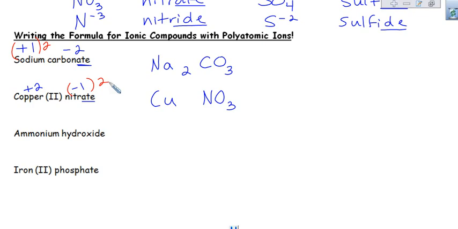Then we have a +2 -2. If I have to multiply the charge times 2, that means I need 2 nitrate groups. To show 2 nitrate groups, you must put it in parentheses. And the 2 goes on the outside. If you don't put the parentheses in, it kind of looks like NO32.